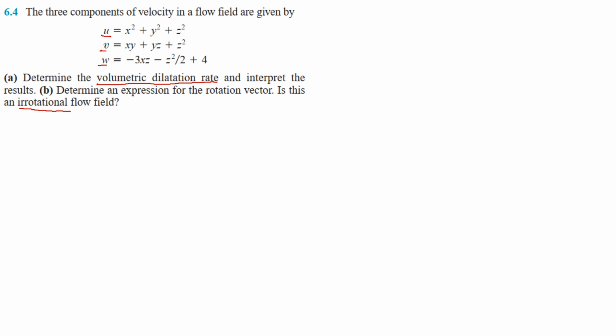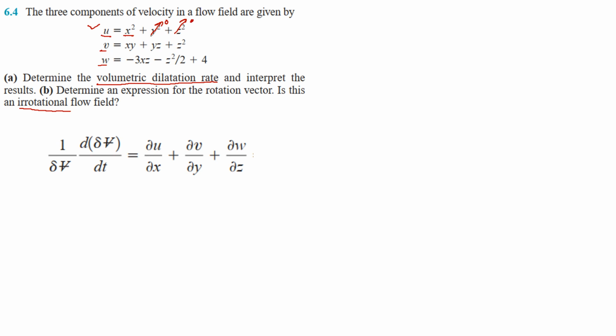So what we are going to do first is to use the volumetric dilation rate formula. So this was our volumetric dilation rate formula, and in this scenario we are going to take the partial derivative of this term with respect to x. So only this term will be derived, these two terms will be equated to 0.